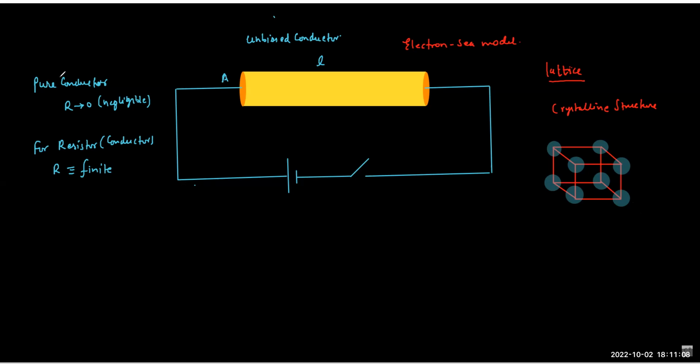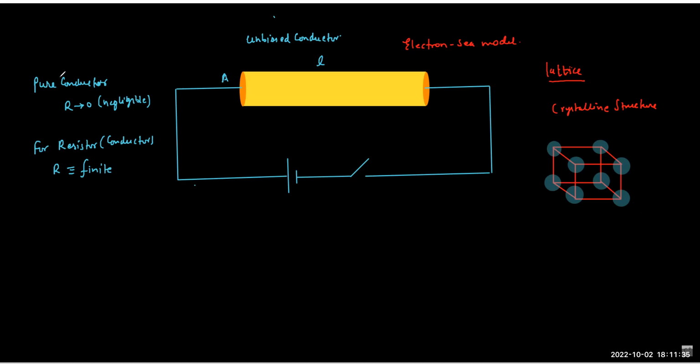What happens is that the atoms and their atomic orbitals get intermixed, and because of the mixing of the atomic orbitals, instead of the fine energy levels which we generally see in isolated atoms, we see something different.